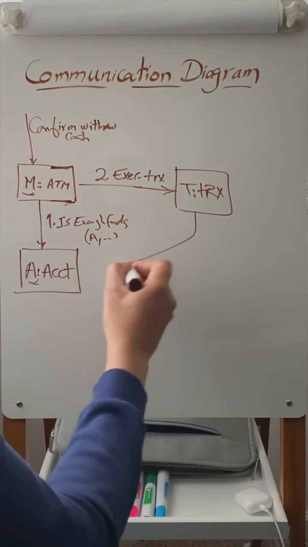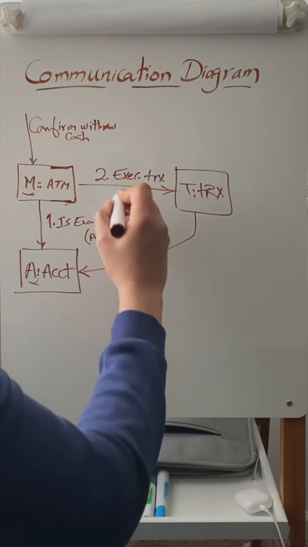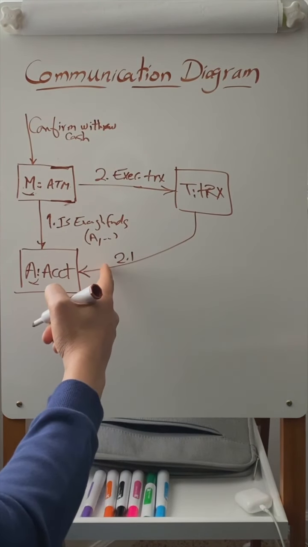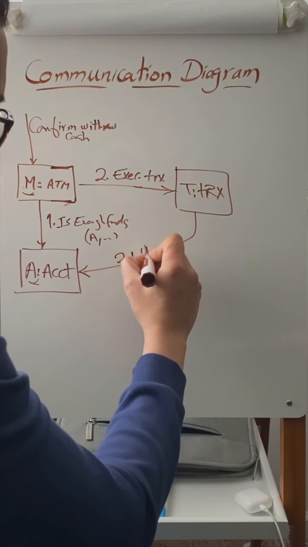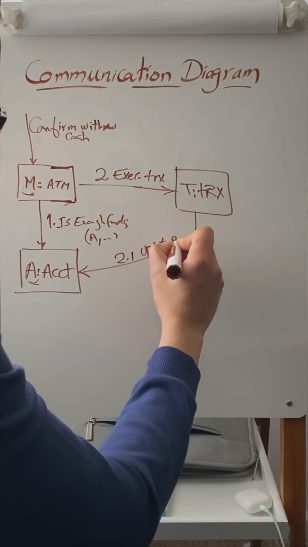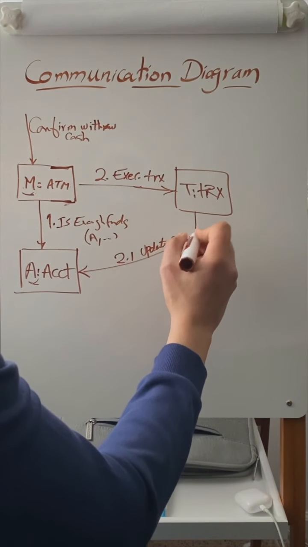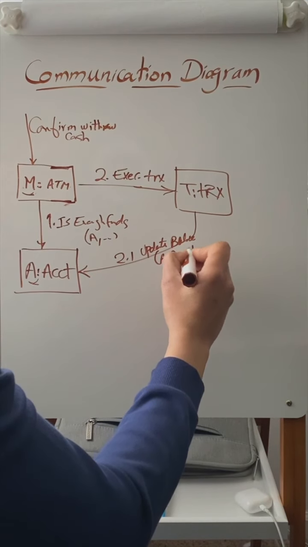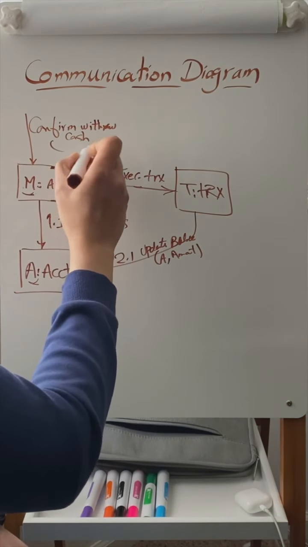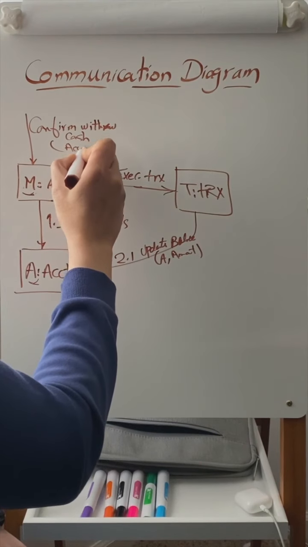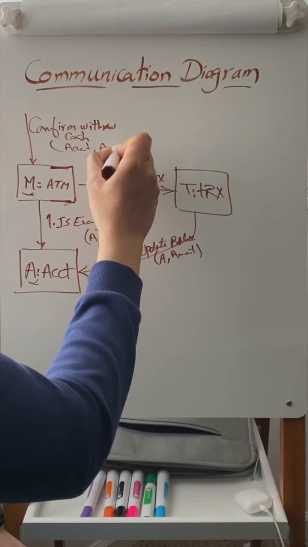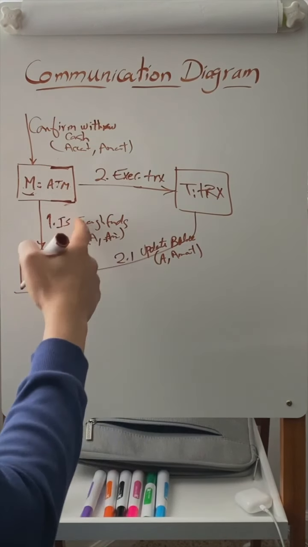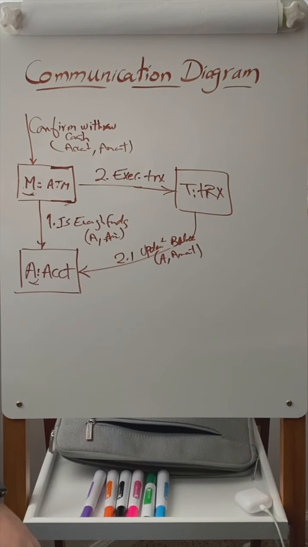So I will do that, and this is 2.1, a sub-step of step two: update balance. Of course you use A and maybe amount. And this amount would be here, so you would have account and amount. So this flows in a fund amount. You can see the flow of the parameters, or the data, as well.